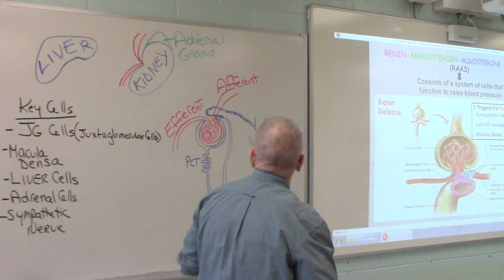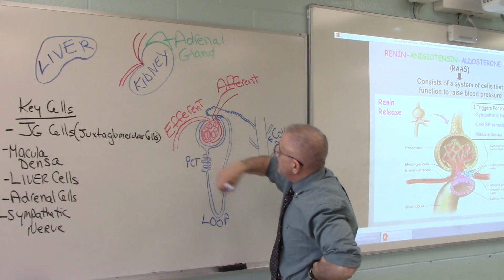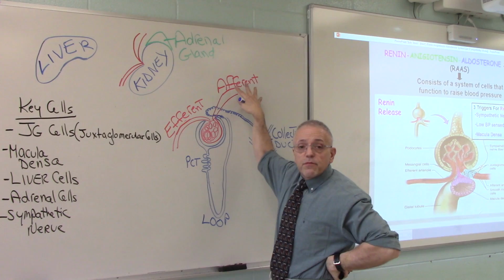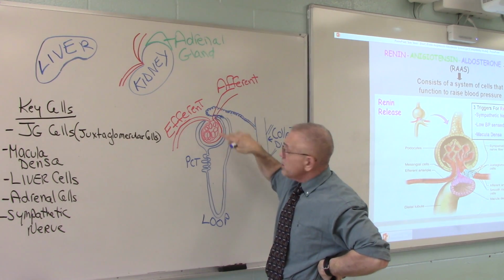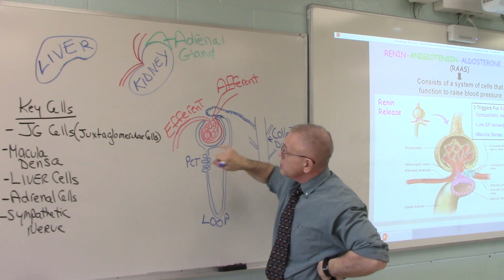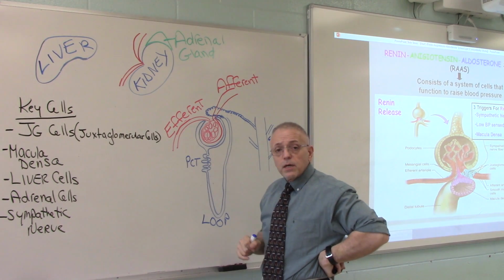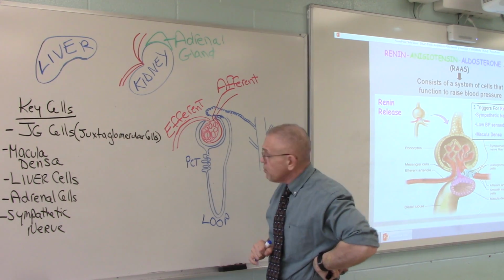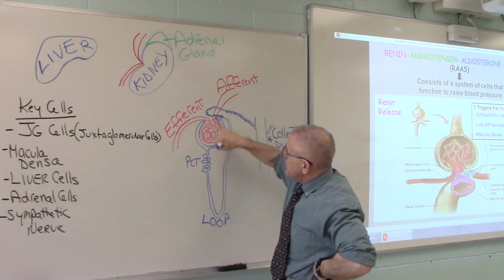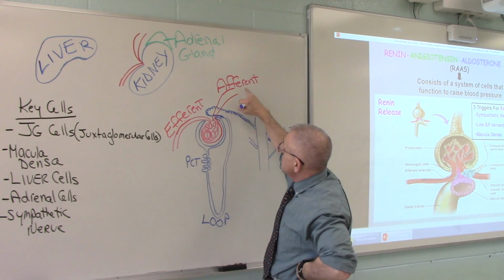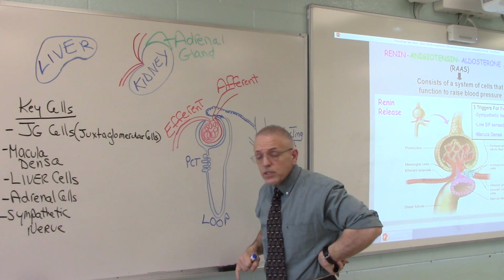And as it turns out, looking at the filtration unit, we see that we have a vessel that comes into the renal corpuscle, and a vessel that delivers blood out of the renal corpuscle. So blood comes in, becomes filtered, and leaves. The vessel delivering blood in is called an afferent vessel.